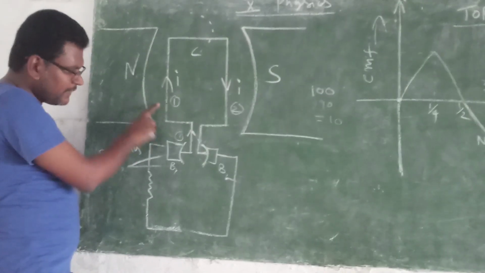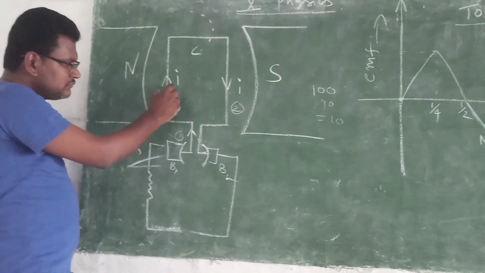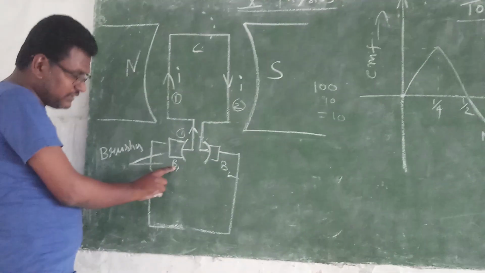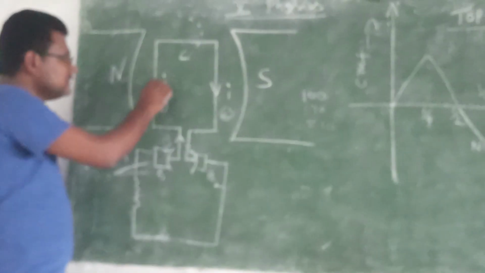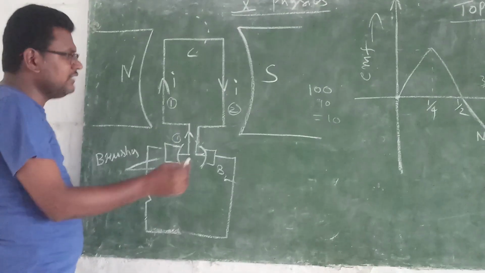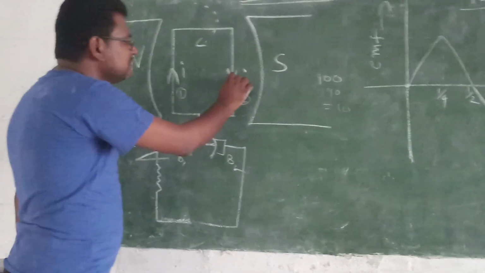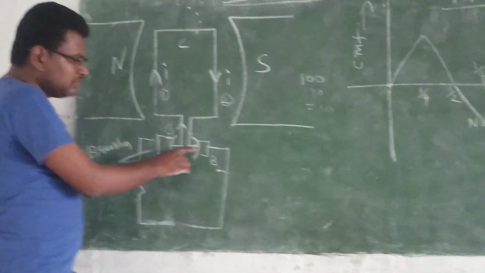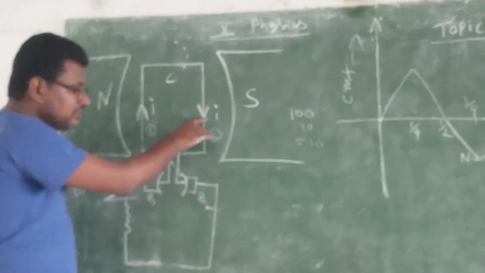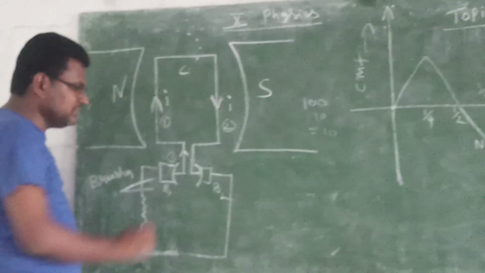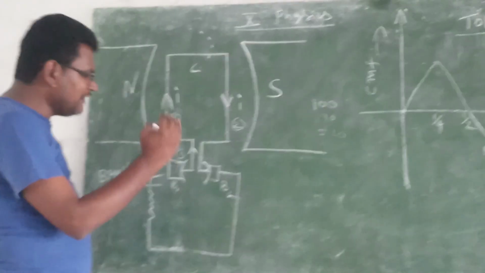That means the wire which is in touch with B1 always has the current direction in this direction, and the wire which is in touch with B2 always has the current direction in this direction. That means here we are using two half slip rings.